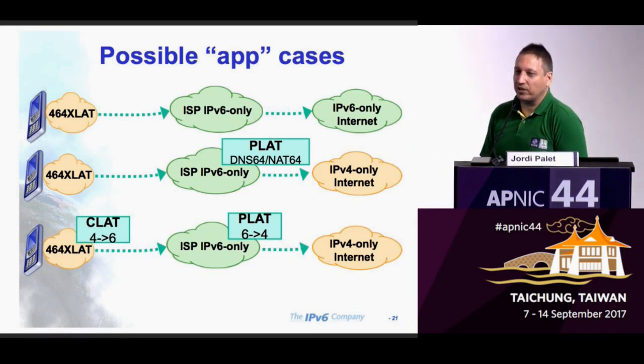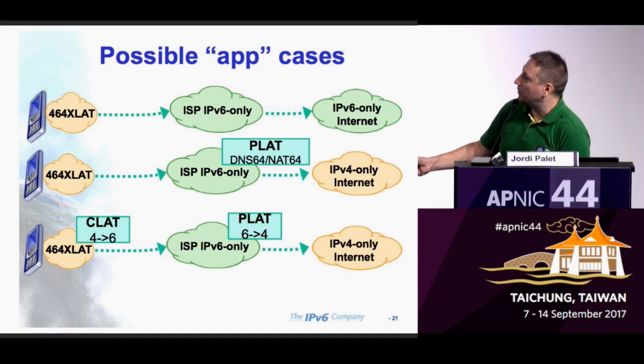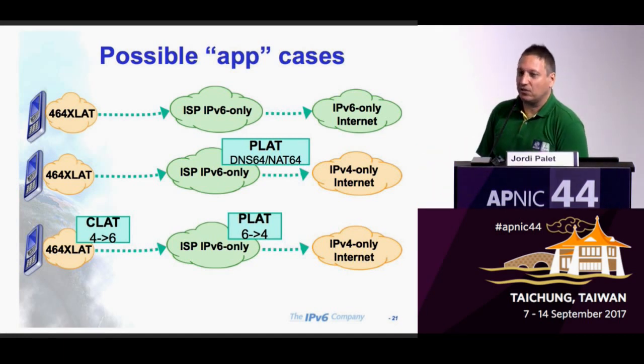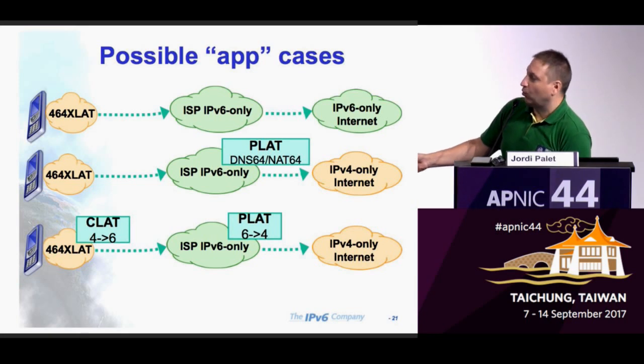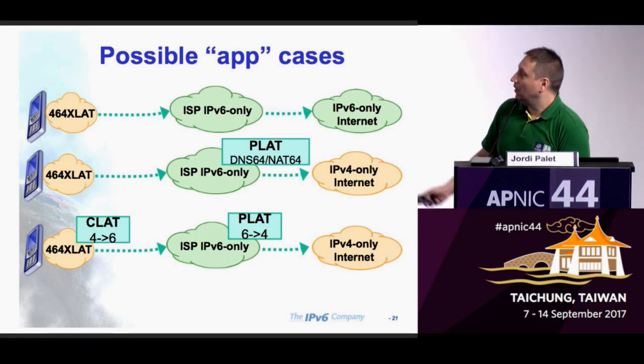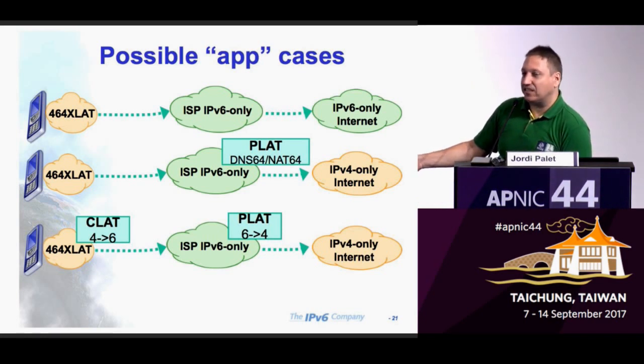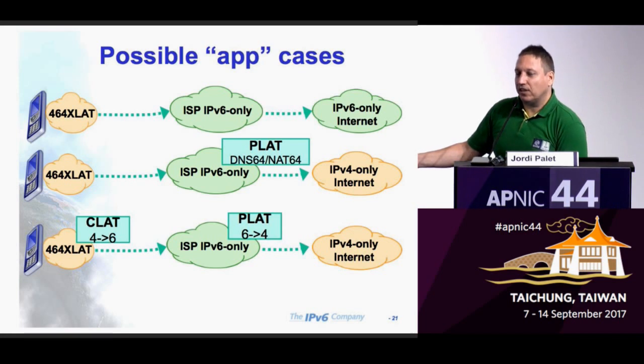That's the optimal situation. Now let's suppose we have a dual stack application that is trying to connect to an IPv4 only device. What it happens is the same as we mentioned before with NAT64 and DNS64.